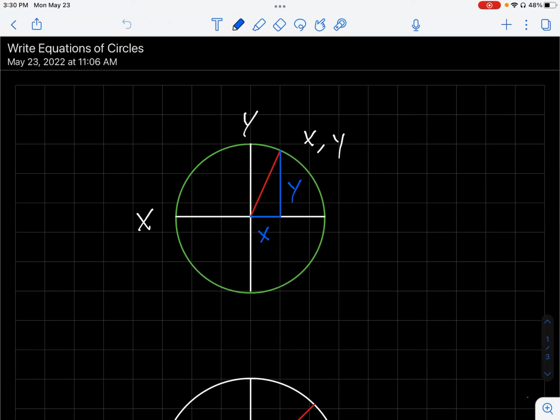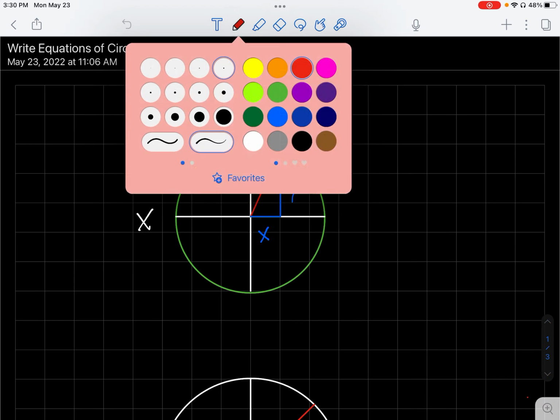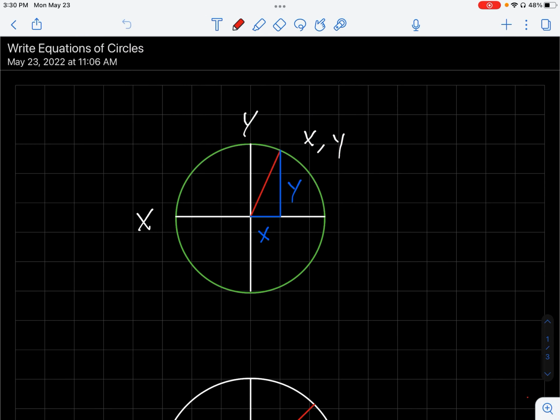All right, we're going to talk more about circles. Here we have a circle with a radius r. And the radius intercepts the circle at point x, y.